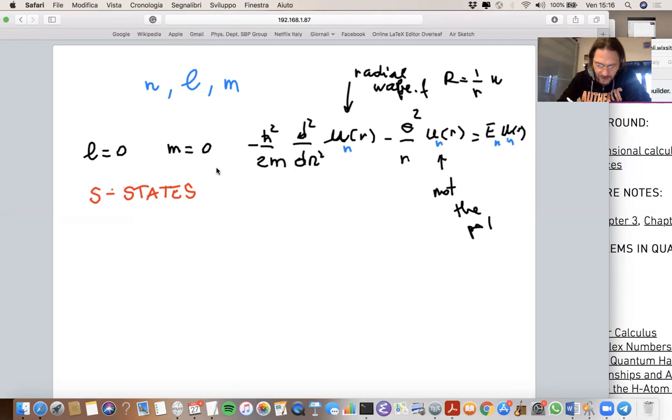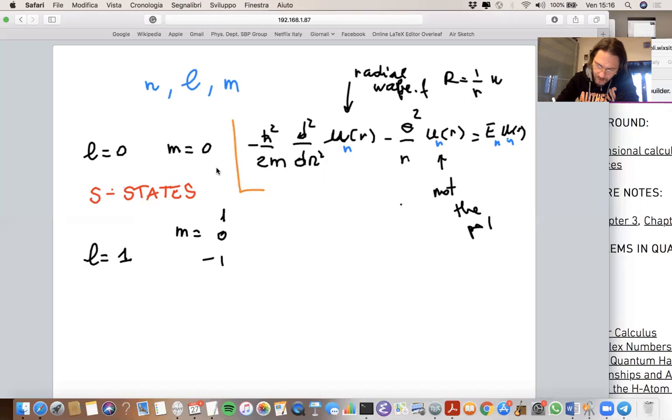Then I will have a set of solutions for L equal 1, and I will have three possibilities. In this case, the Schrödinger equation I have to solve to compute these states will be a different one.